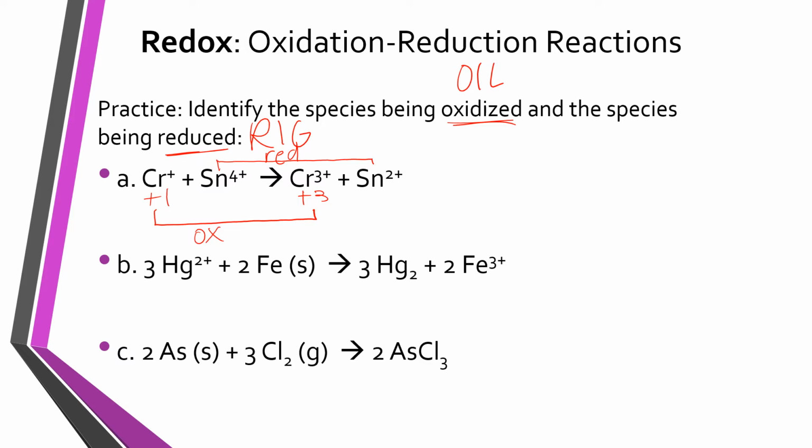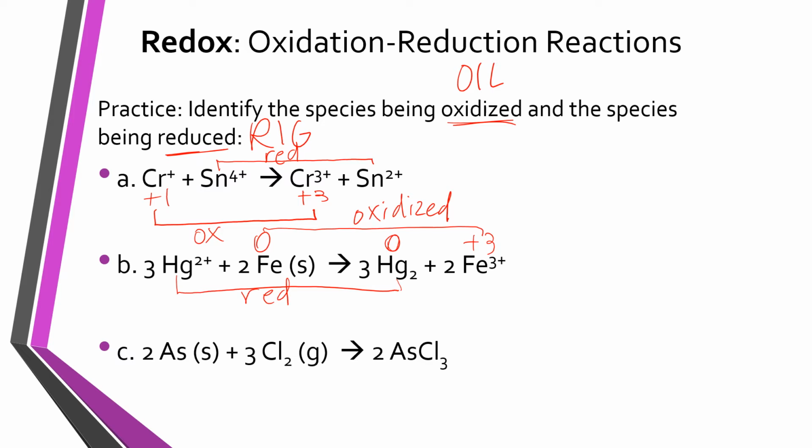Mercury is +2 in the reactants, but over here it is 0 because it's in its standard state, so because it went from +2 to 0, it was reduced. Iron goes from 0 to +3. So in order to do that, you would have to lose electrons, so it was oxidized. And now I'm not sure if I said the mercury correctly, but +2 to 0, it would have to gain electrons, so it's reduced.